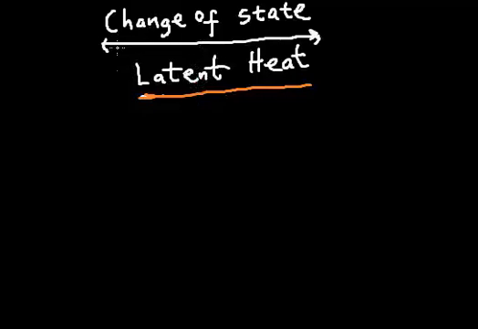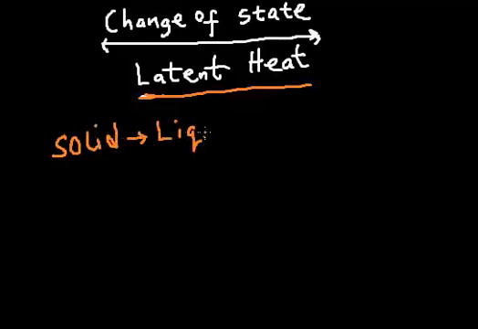And of course, you know that when we are talking about a change in state, we are basically looking at a change that requires you to convert solid to liquid.